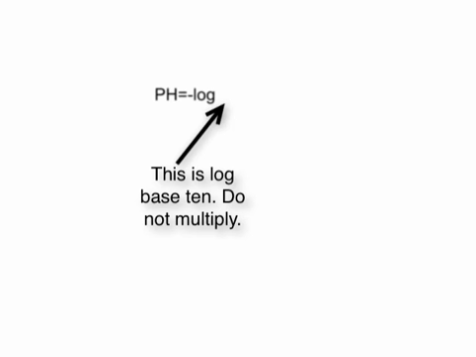Most of the time you use logarithms to help find the pH. So the equation that we use is pH equals negative log base 10 of H plus.